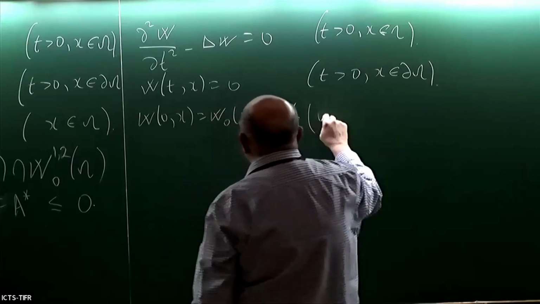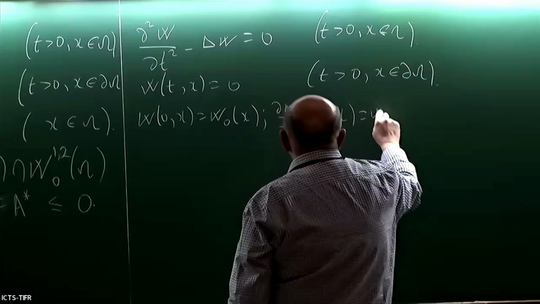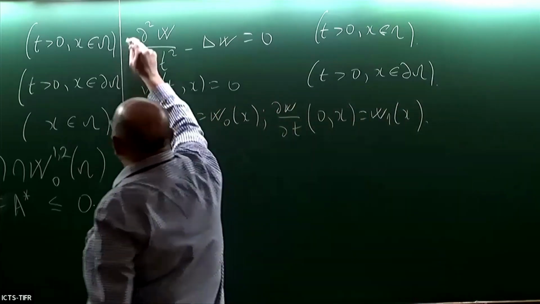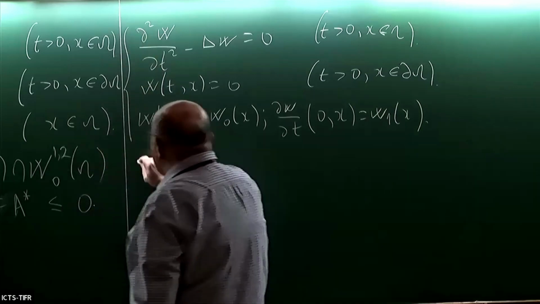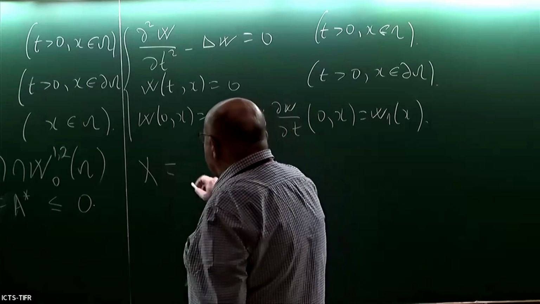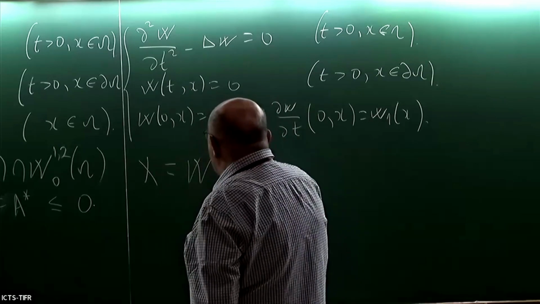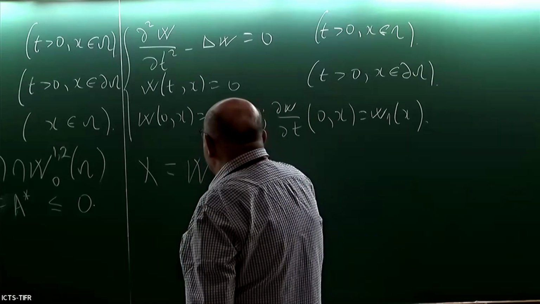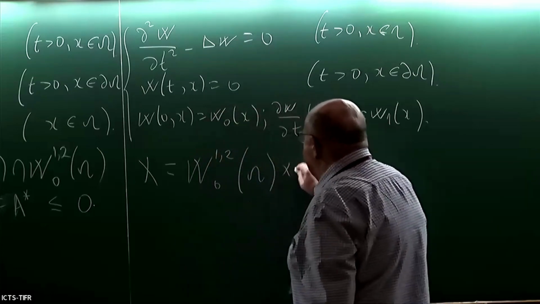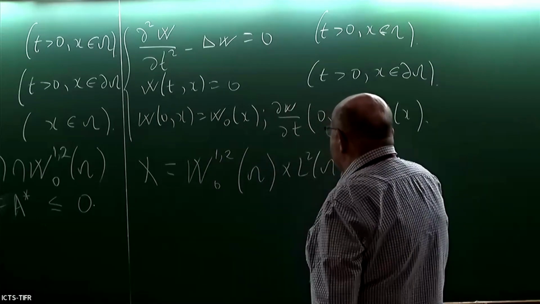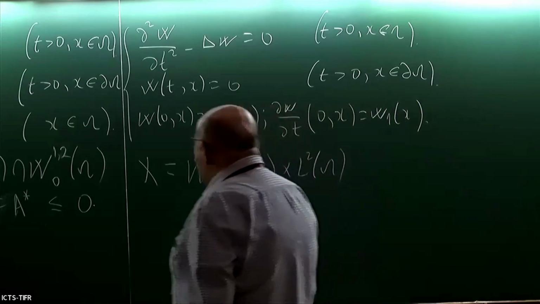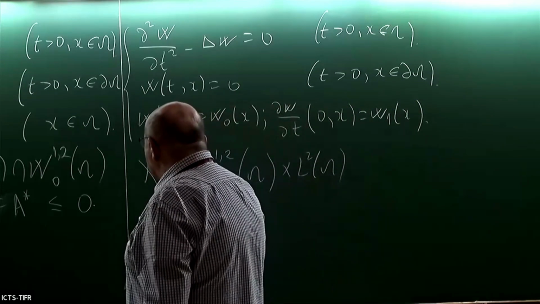Since I have a second order in time differential equation, that's for x in omega, I don't write anymore. And here, X will be W^1_0 of omega cap L2 of omega, omega bounded, let's say here, with the inner product.